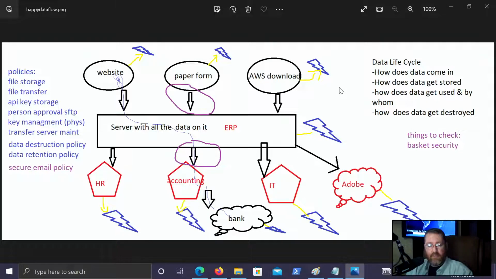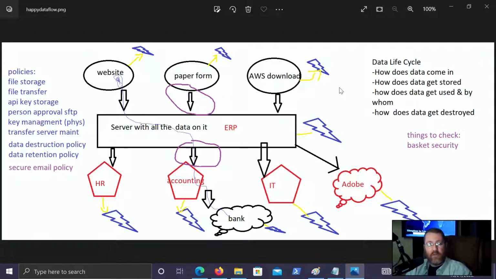Maybe you have a particular naming scheme for all of your desktops in your organization, and you should be able to see that it was downloaded by this machine name by John, and you go, wait a second, that's not their office machine. That looks to be a personal laptop. So at that point, John has downloaded critical data to a personal machine, and you have that in the log.